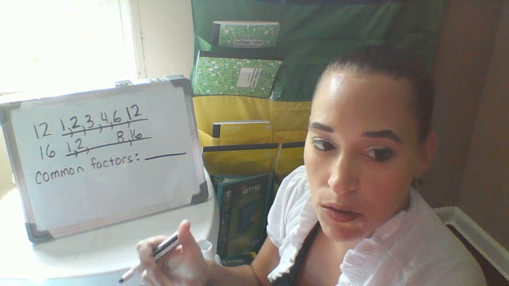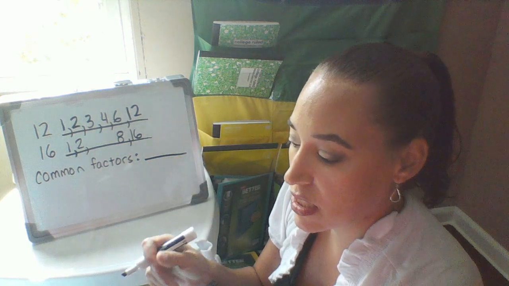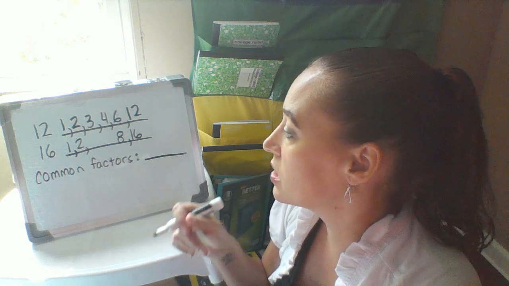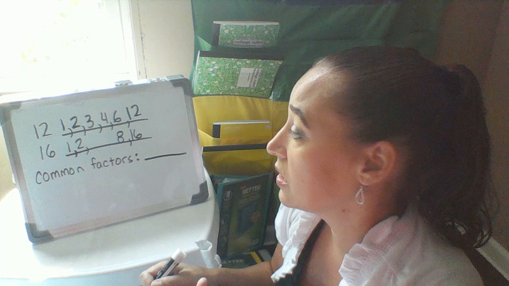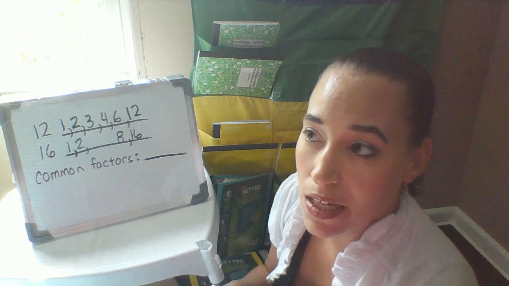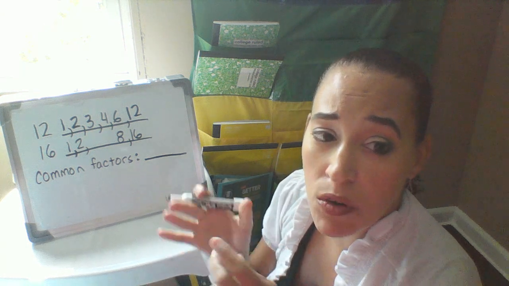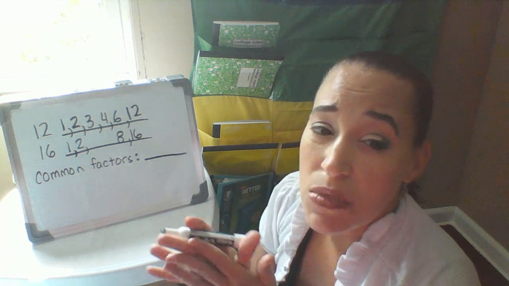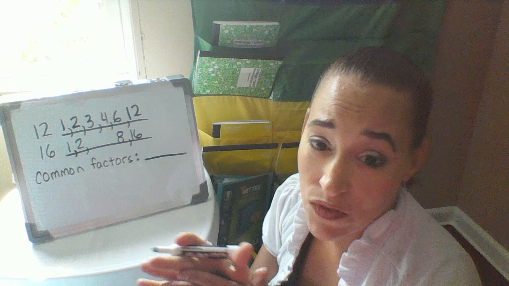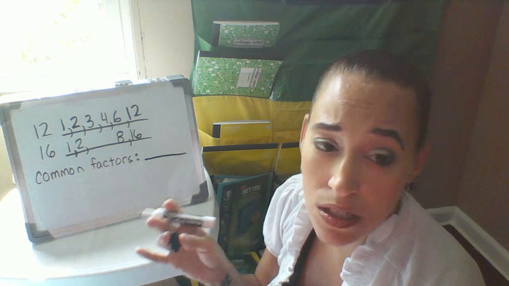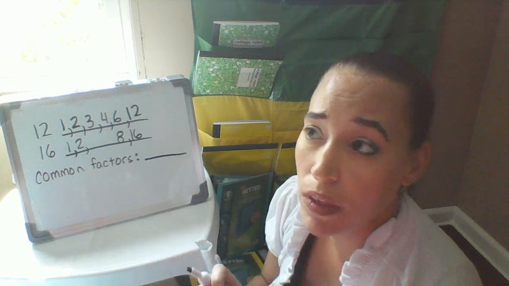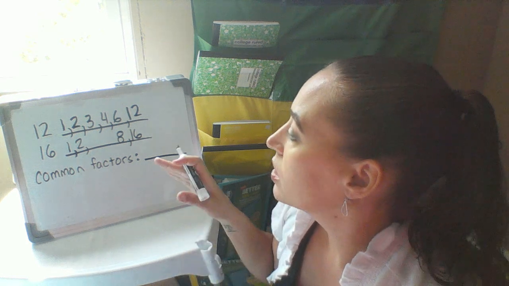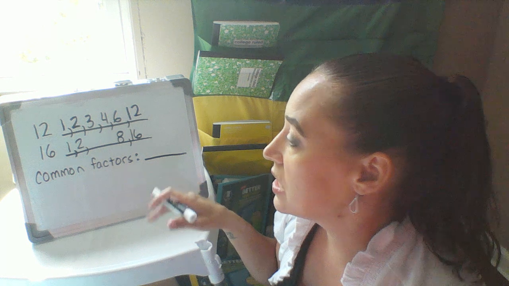3. Now you're going to go into your calculator and say 16 divided by 3. Does 3 go into 16? If it doesn't go in evenly, it's not divisible. So 3 times 5 is 15 with a remainder of 1, so it doesn't go in evenly, so 3 is a no-go. So now we go to 4. Does 4 go into 16?